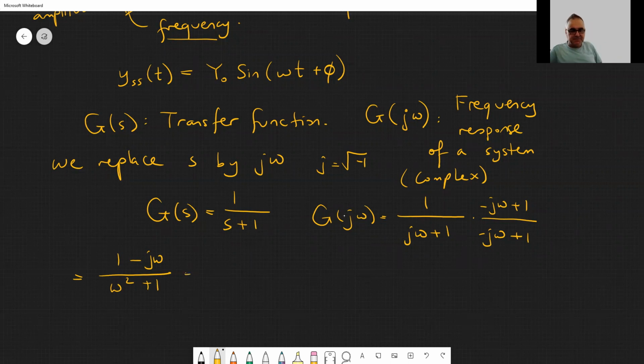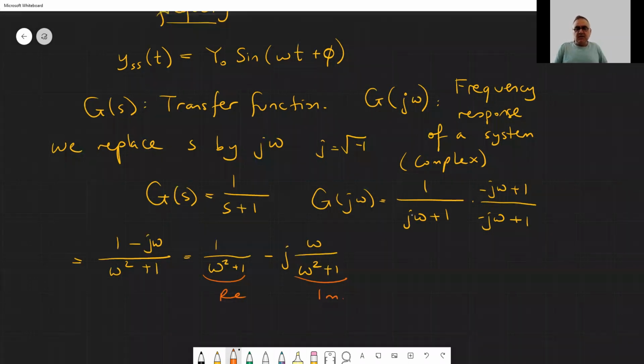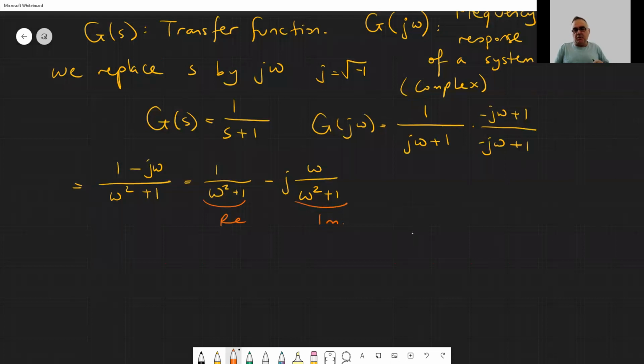So that 1 over omega squared plus 1 is the real part, minus j times omega over omega squared plus 1 is the imaginary part. So the frequency response of a system is basically a frequency-dependent complex number.